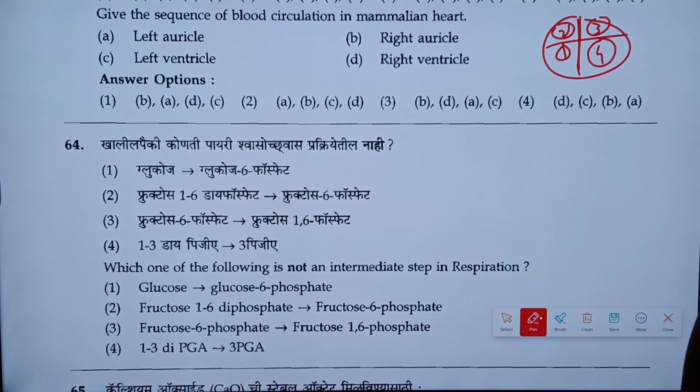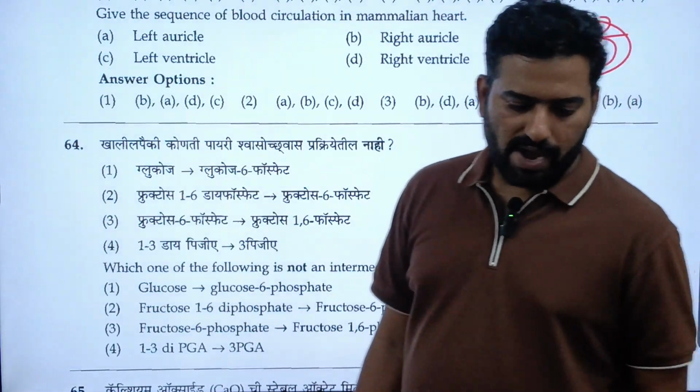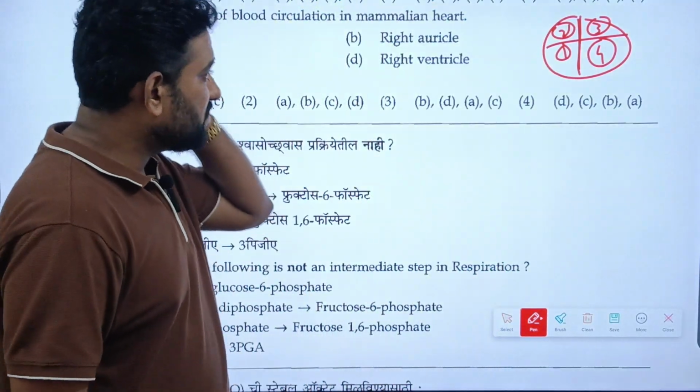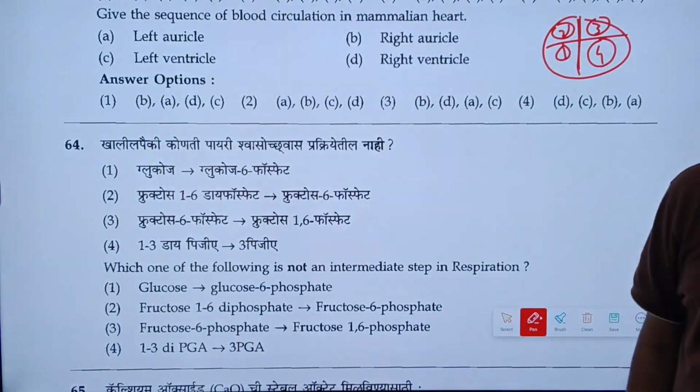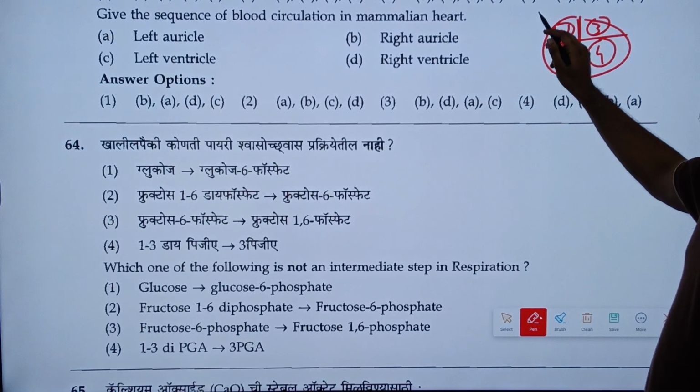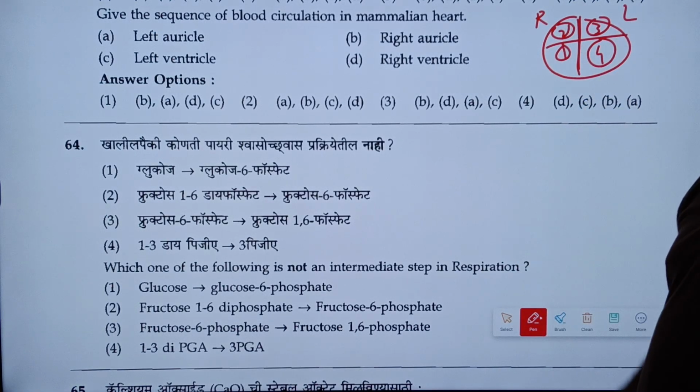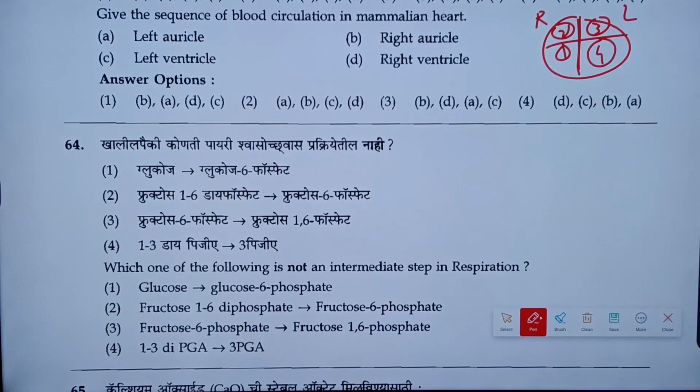Right side first or left side first? This is the right side and this is the left side. So the answer is from right auricle to right ventricle, then left auricle and left ventricle. So answer is 3.